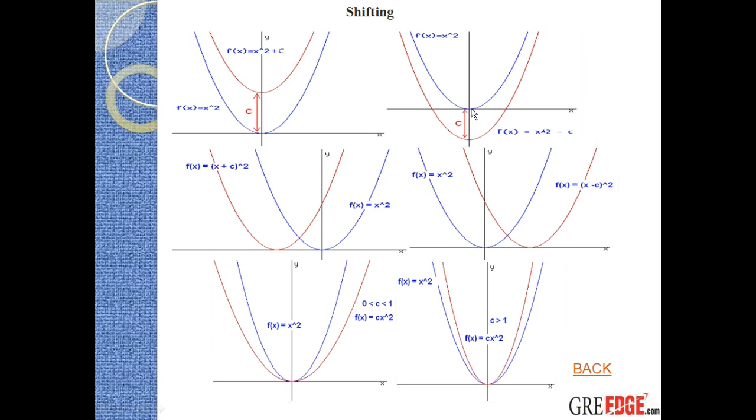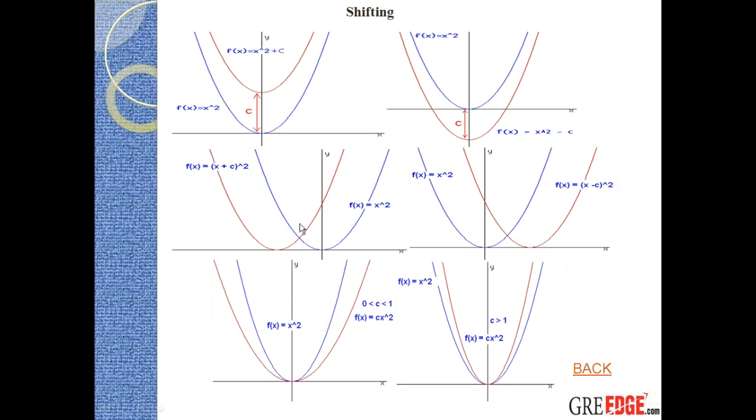The y coordinate of this vertex was 0. Now for this it would be minus 3. Sorry, the x coordinate remains the same, the y coordinate gets subtracted by 3 units.